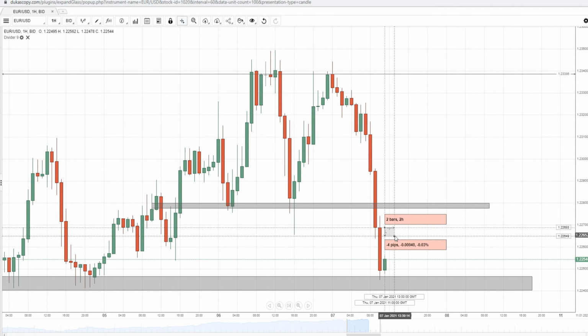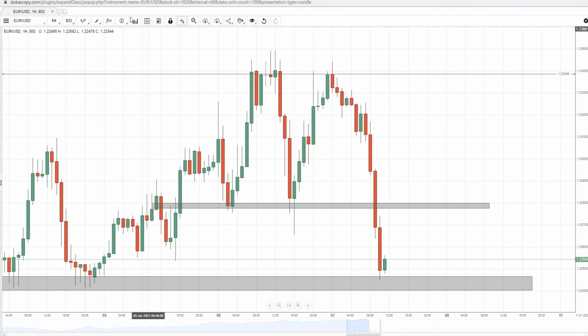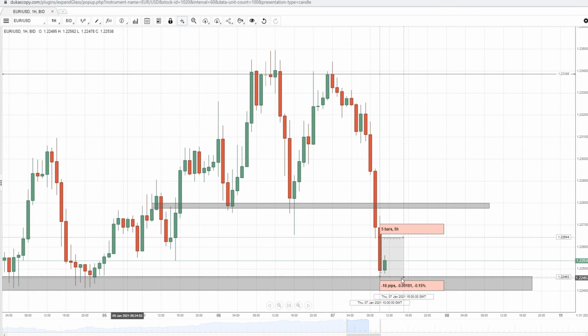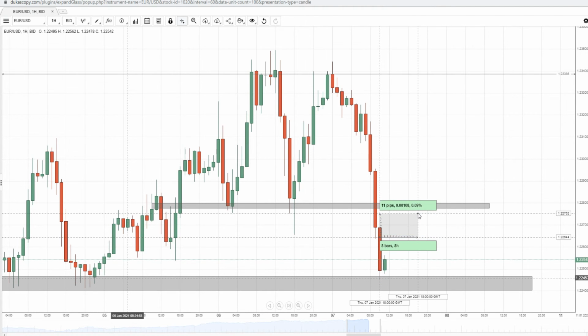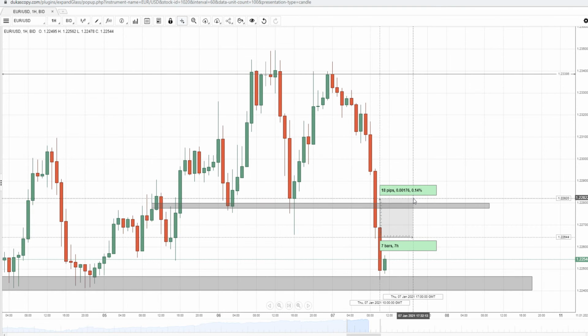Most likely I will make the entry at this point, when the price starts breaking this previous candle low to target this support level, and stop loss somewhere in this region, or better still, above this previous support level. This is how I will be making decision.